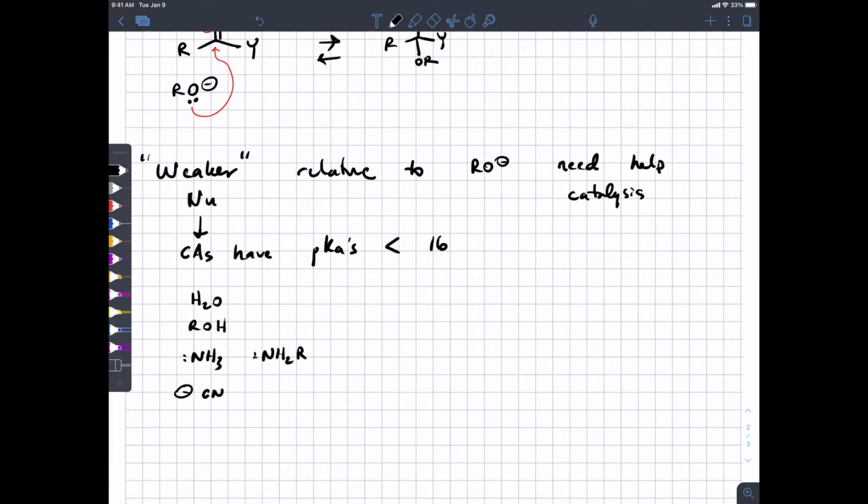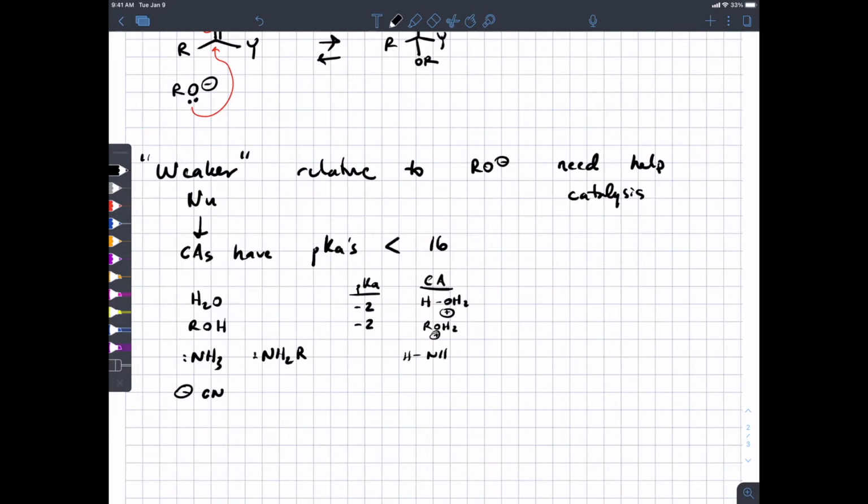All of these are nucleophiles, and if you draw their conjugate acids, they have pKa's that are less than 16. It's -2 for the alcohol, for the hydronium, for the protonated alcohol.